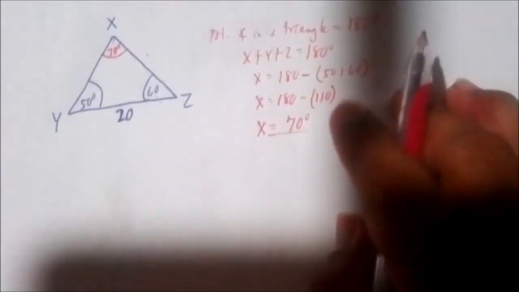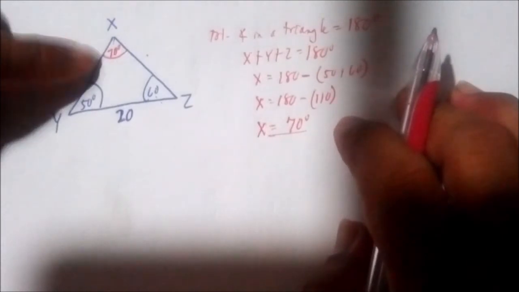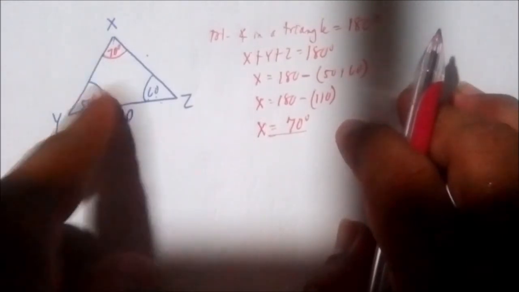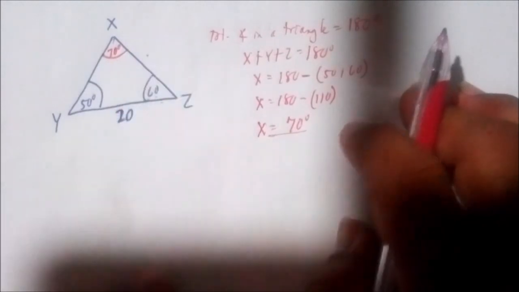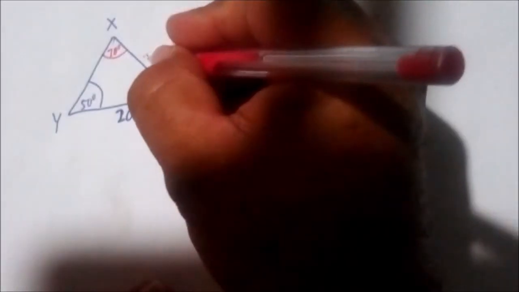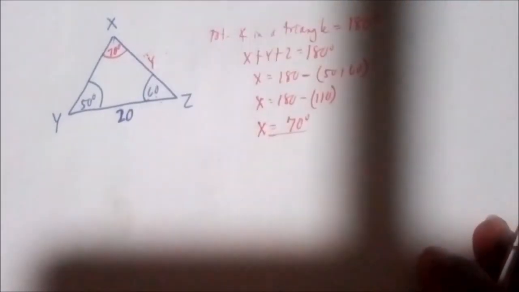So now putting the 70 here, we know an angle and a side. We could solve for either of the other two sides. Let's solve for this side, side y. Now we apply the sine rule.